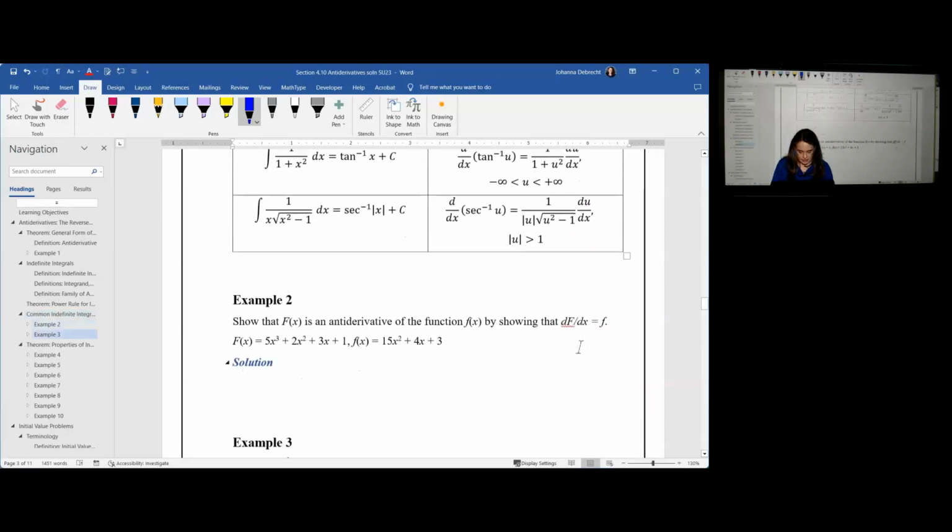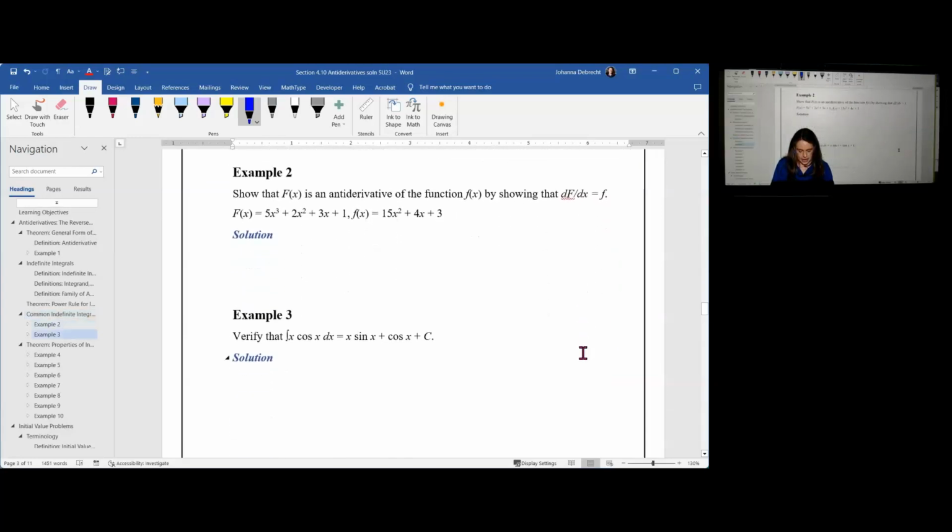Let's now go ahead and look at examples 2 and 3. In examples 2 and 3, we want to show that uppercase F is an antiderivative of lowercase f by showing that the derivative of the antiderivative gets back to the function lowercase f.